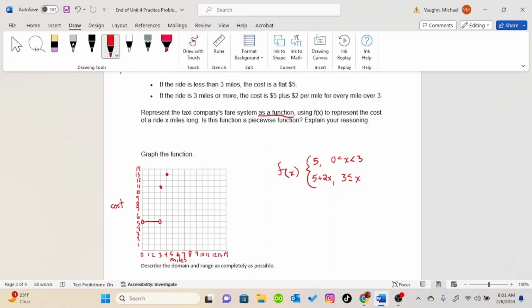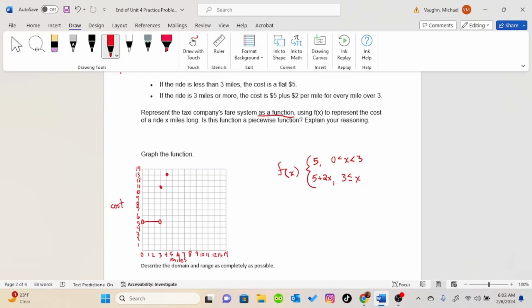It is unclear if they are doing this rate in a step pattern or as a continuous pattern. So the wording is not truly clear on how much a 3.5-mile trip would be.